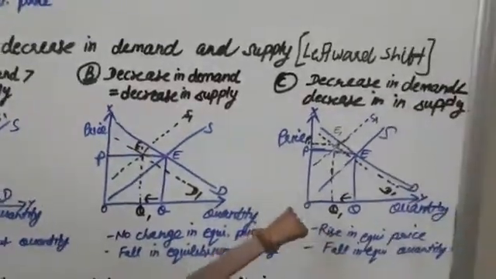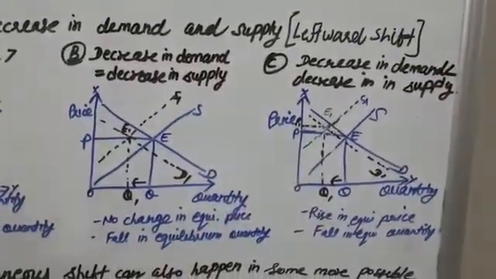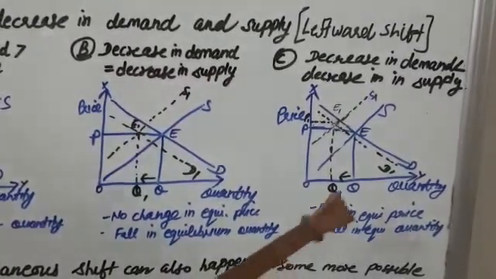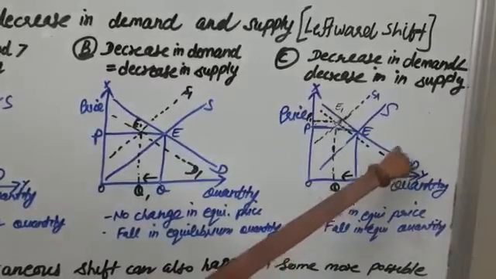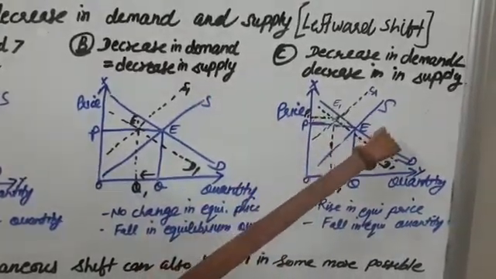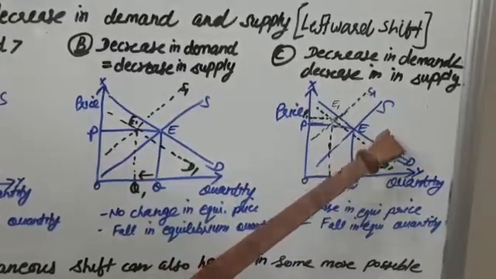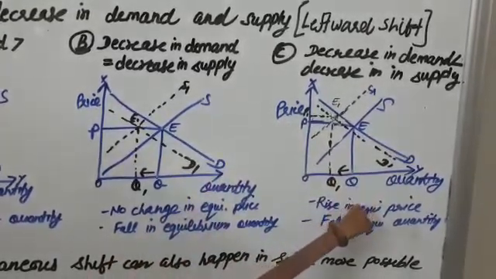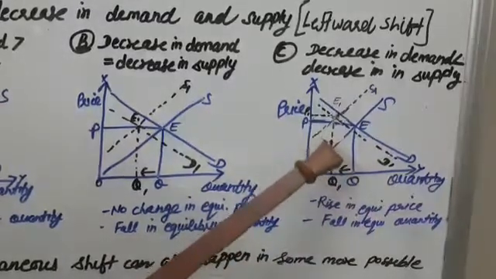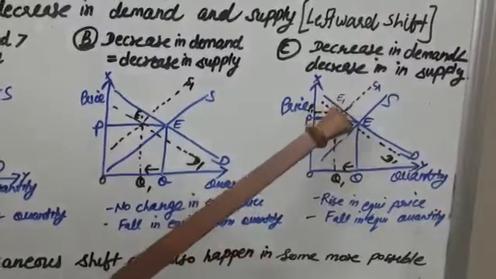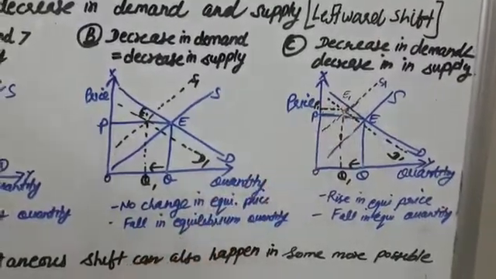Third situation is decrease in demand is less than decrease in supply. So as is clear from the diagram, demand decrease is less as compared to supply. Original equilibrium is E, equilibrium price P, equilibrium quantity Q. Now decrease in supply is more than the decrease in demand. So new equilibrium is struck at point E1.